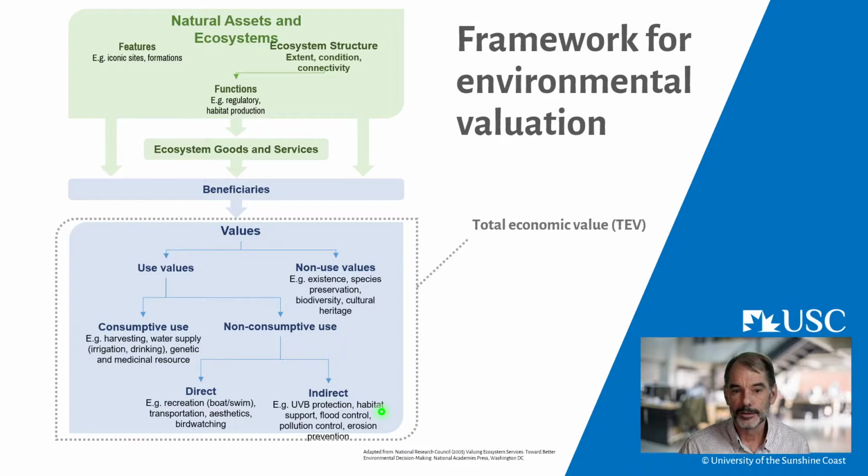Previously we've talked about methods, for instance the travel cost method, that might try to estimate the direct value through consumer surplus that people are getting from traveling to and going swimming at some beach, or we might look at how much property prices are being influenced by the environment around them.